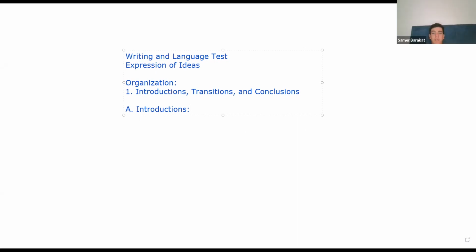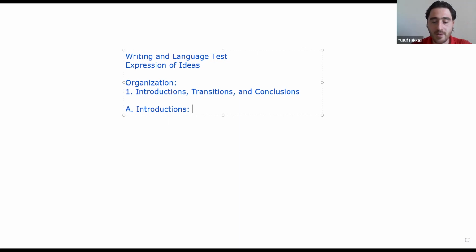Theme. The main idea of the paragraph. The sentence that contains that idea is called what? Thesis statement. Again, Usama, I'm talking about a paragraph. Topic sentence? Yes, it's the topic sentence, right? Thank you. Jenna also already mentioned that about the topic sentence.